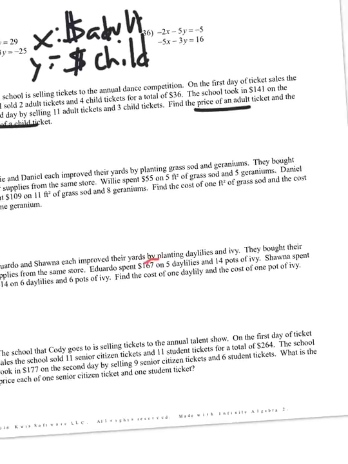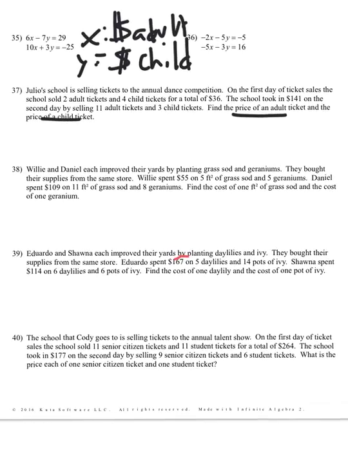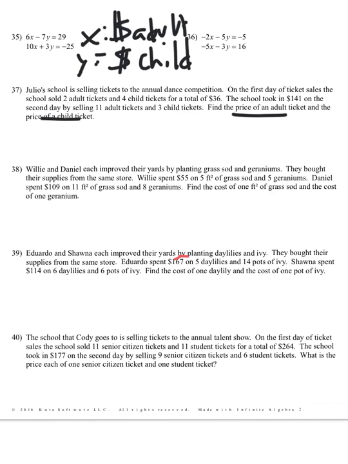On the first day of ticket sales, the school sold 2 adult tickets, 4 child tickets for a total of $36. I'm going to write this a little bit narrower just so we have a little more room. So if I wanted to find out how much for those 2 adult tickets, I would take 2 times the price of an adult ticket, which is x.